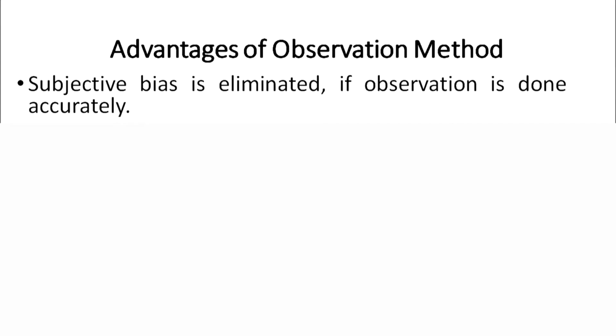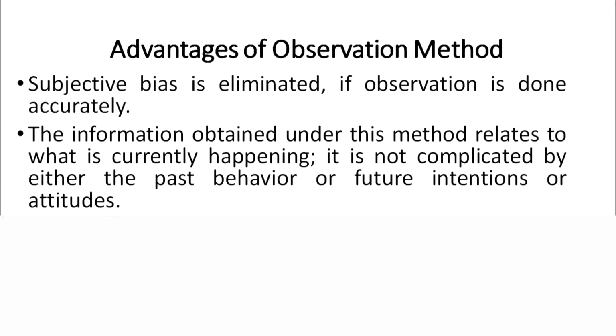In the observation method, the subjective bias is eliminated if it is done accurately. If you observe a particular thing, observation is with a free mind. So, the subjective bias is not present in the mindset of the researcher or of the person who is undertaking the study. The information obtained under this method relates to what is currently happening.